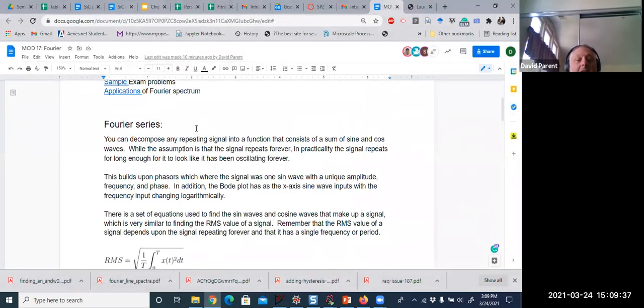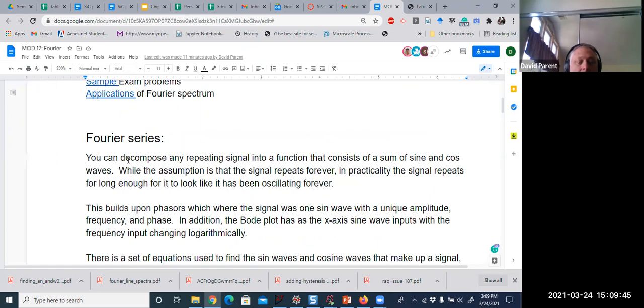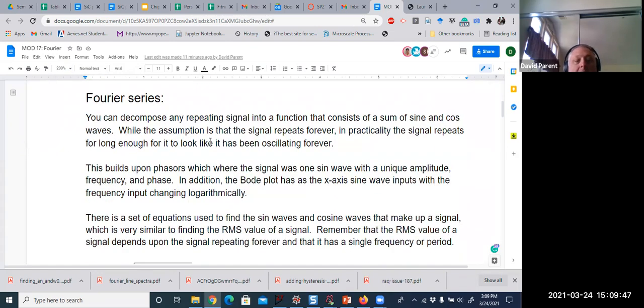We're going to just take a signal, and here's the thing. You can take any repeating signal and break it up into an infinite series of a DC offset and cosine waves and sine waves.